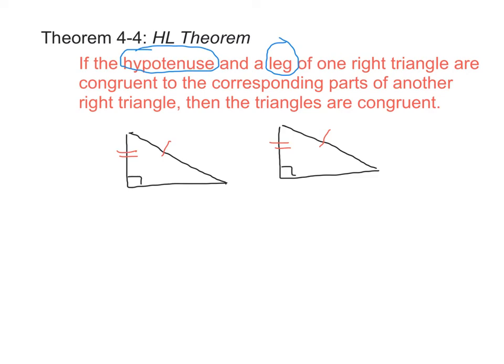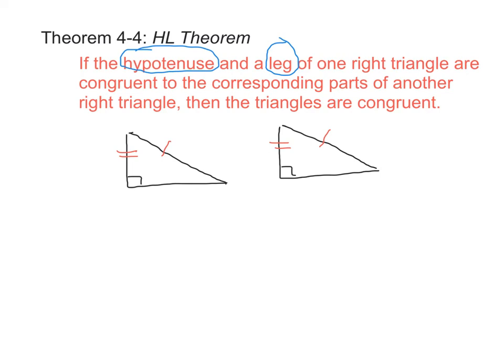Now notice, this actually is SSA or ASS, depending on how you look at it. Now, remember I said that that didn't apply for proving triangles congruent. The only place it does apply is when the angle is a right angle, okay? So if you've got a right angle, then you can use this theorem to prove triangles congruent.